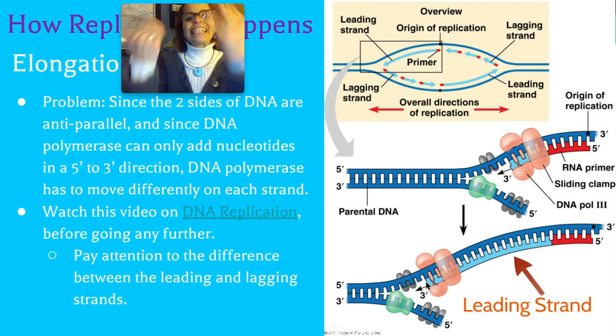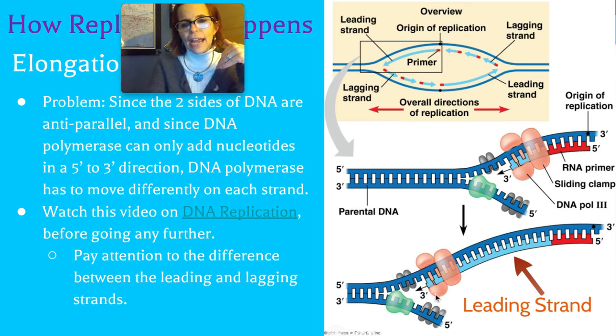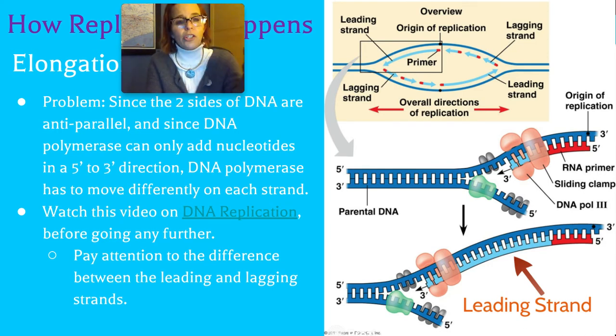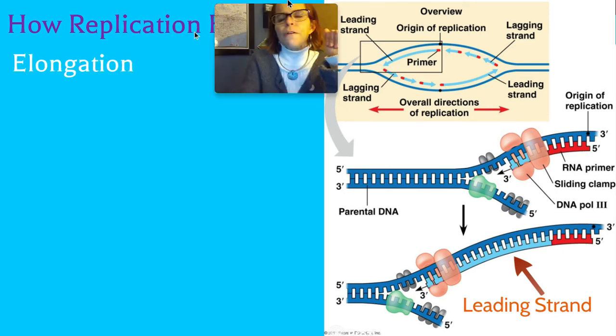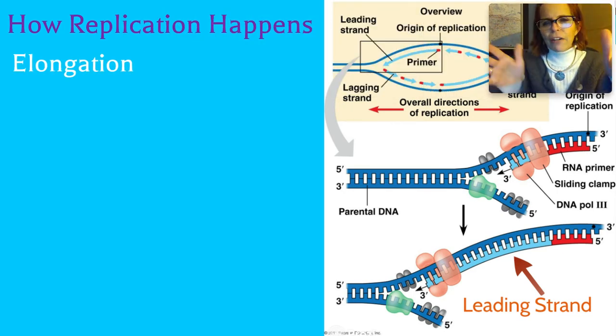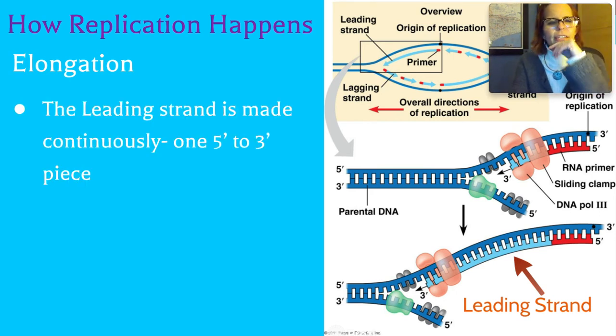The problem is the other side down here. This is a problem because if it can only travel one way and it's closed right here, how is it supposed to get on and copy the whole thing? So it copies it in little sections, and you just have to watch the video because it helps a lot. Looking at just a dry diagram like this, it makes it a little bit harder to understand.